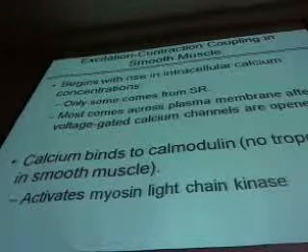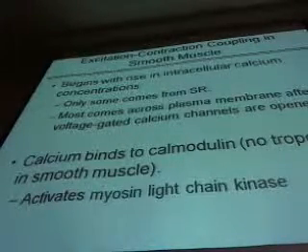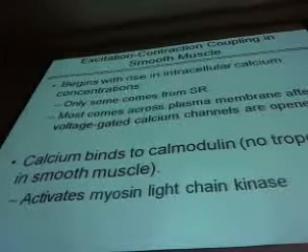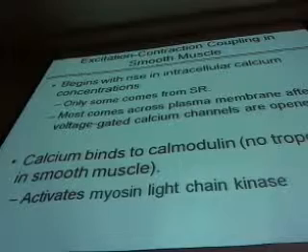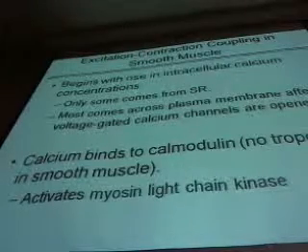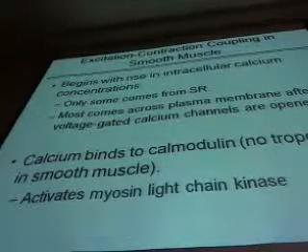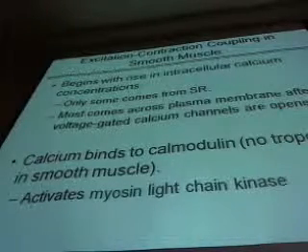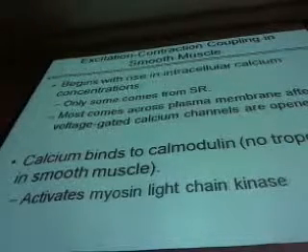Excitation-contraction coupling begins with a rise in intracellular calcium concentration, some of it from the sarcoplasmic reticulum. Across the membrane, voltage-gated calcium channels are open, but in smooth muscle there's no troponin.